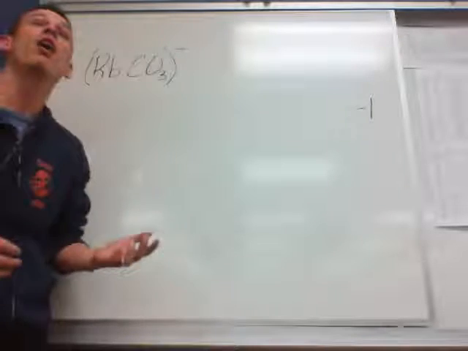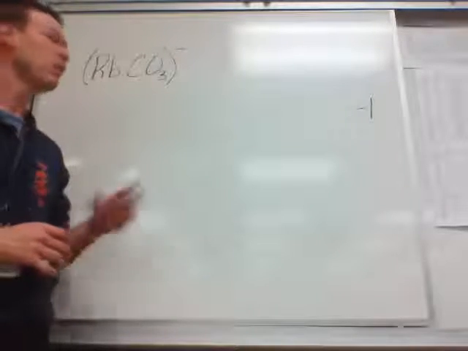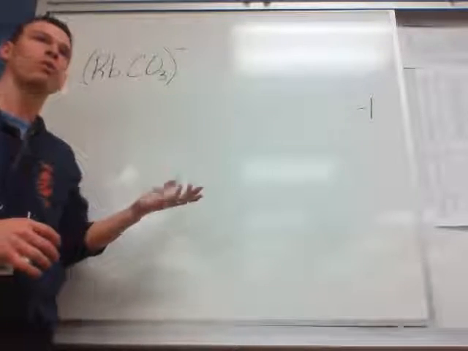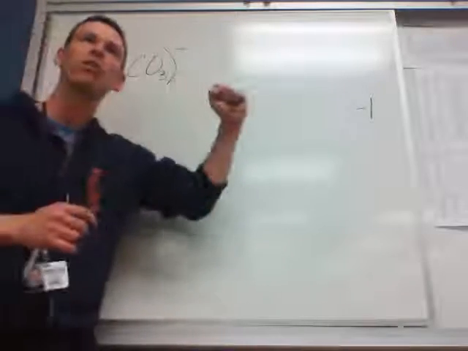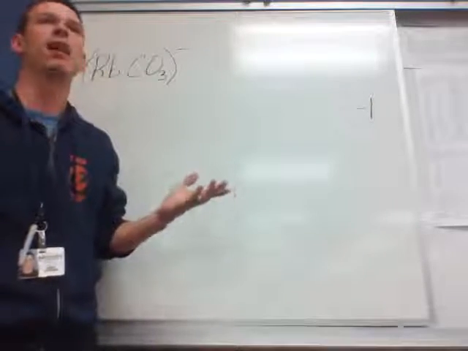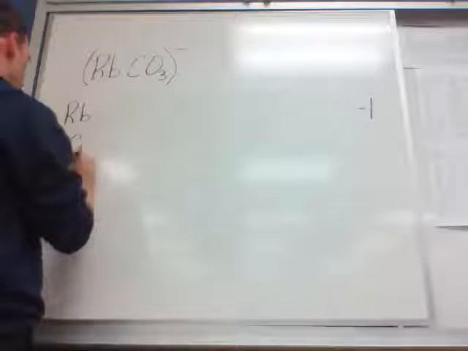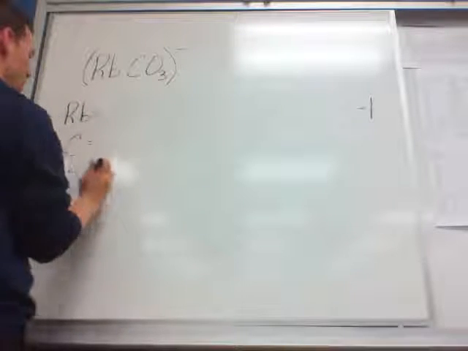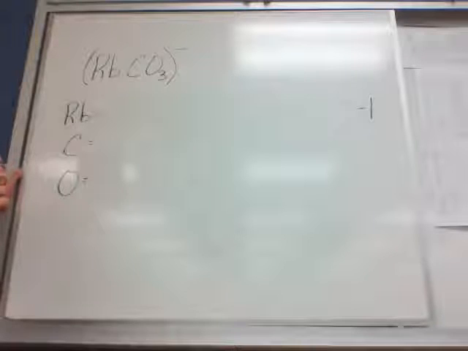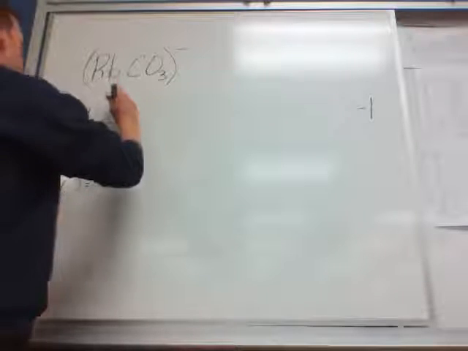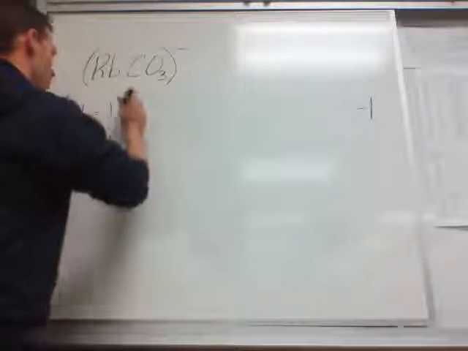This compound's anionic. The only thing that changes about the work we're going to do is when we add up our numbers and we try to hit a number, it needs to be 0. Well, not this time. This time it needs to be -1. Let's do our work. Rubidium, carbon, oxygen. The numbers are 1, 1, 3.